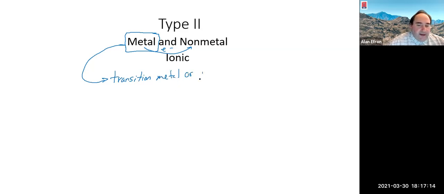Are just to the right on the periodic table. And we're talking about kind of under the staircase. The staircase we're talking about is the metalloid staircase. Remember, on the periodic table above is nonmetals. Below the staircase are metals.